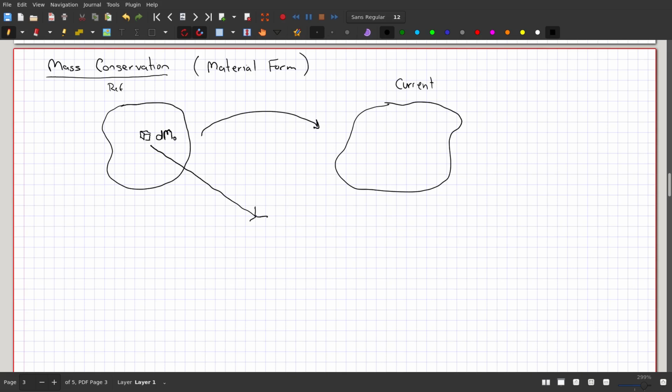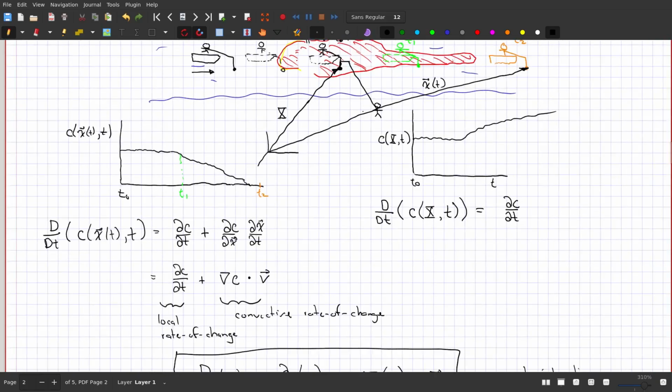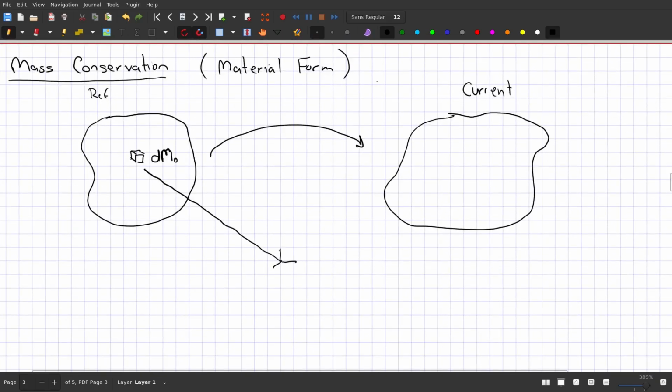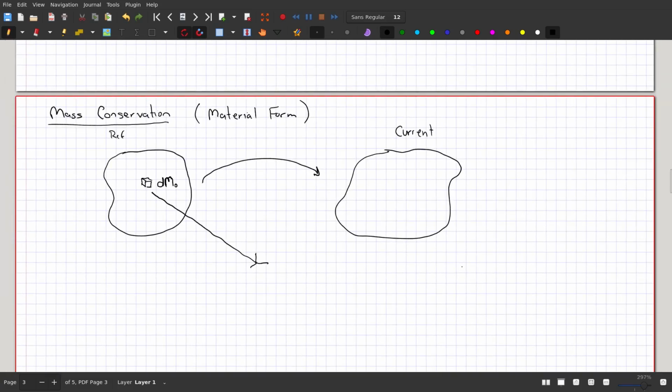Another way to think of that is that it's taken at time t equals t0.